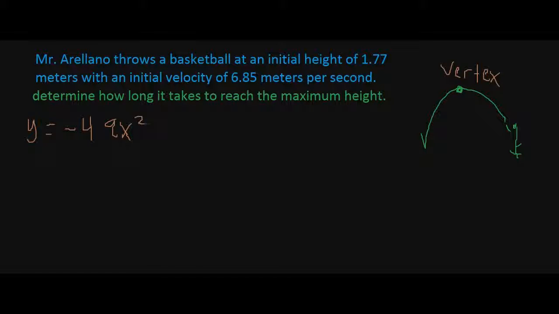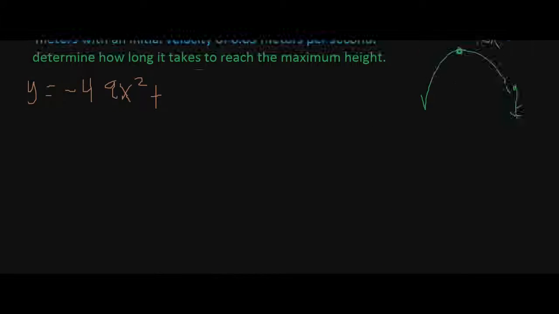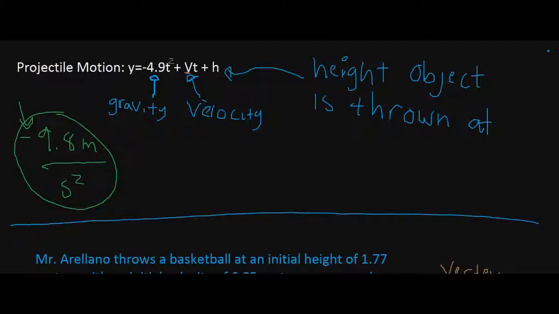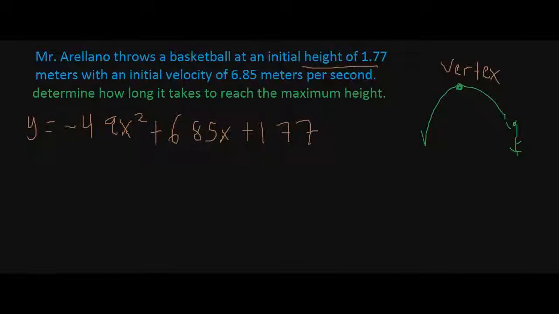Plus, looking back at our equation up here, the number that goes here is our velocity, which was 6.85x. Plus, finally, the initial height the object is thrown at, the h, which is 1.77.